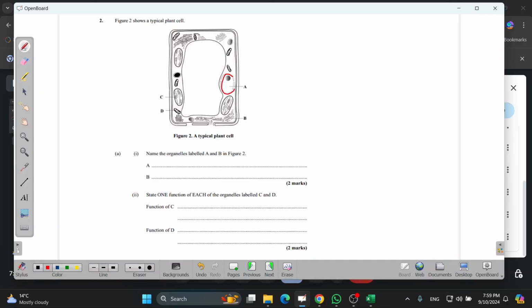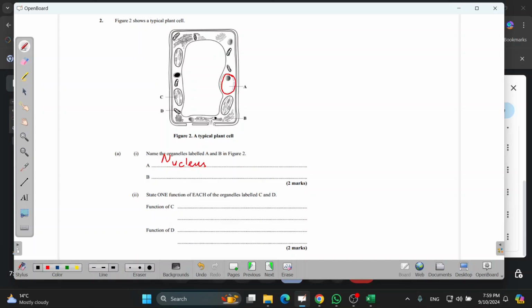All this here is the nucleus. And B is what? Look at B. Tiny dots. What do we call the tiny dots? And you see this is kind of a membrane with a lot of tiny dots.